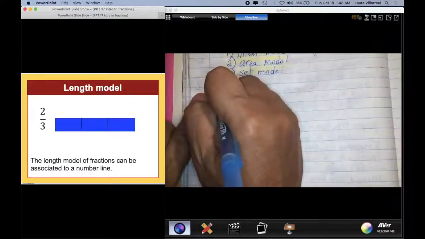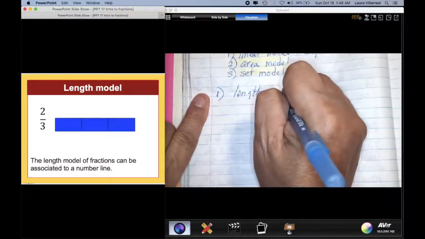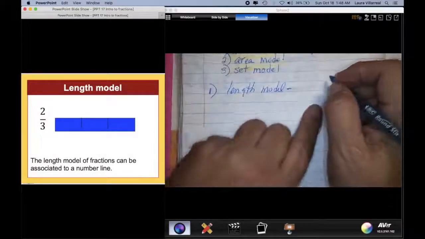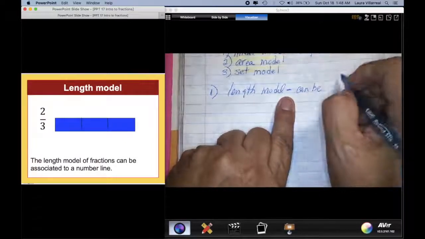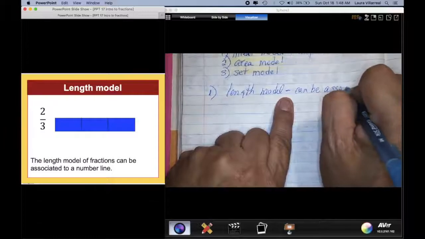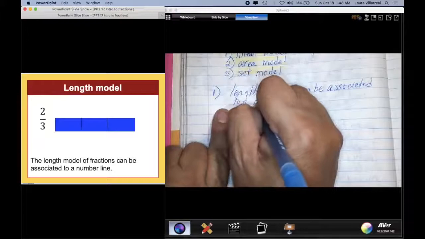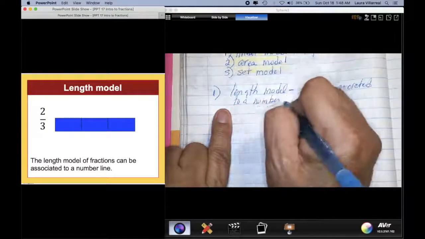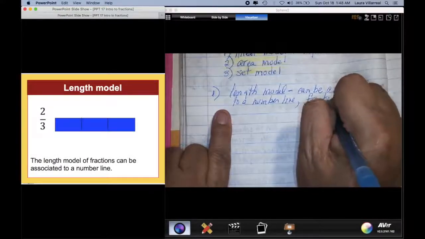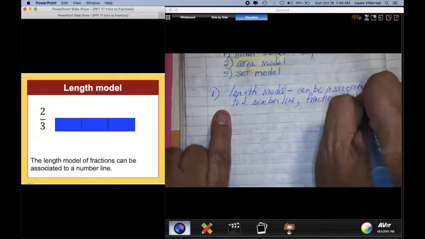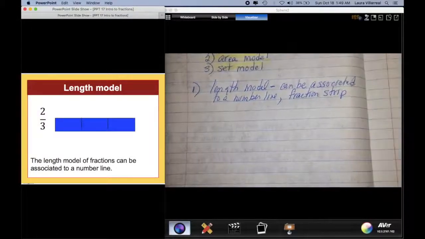Number 1, the length or linear model. So can be associated to a number line. Or it could be a fraction strip. Either purchased, like I showed you earlier in the picture, or it could be something that you cut out yourself.